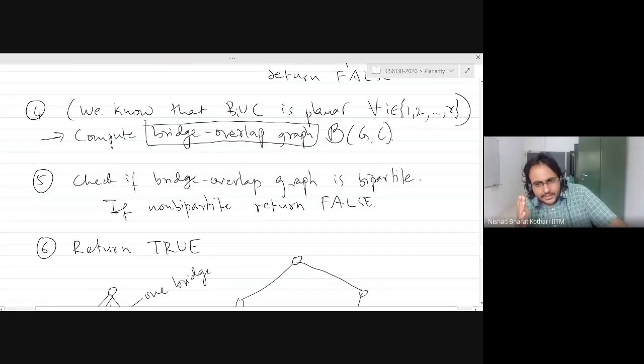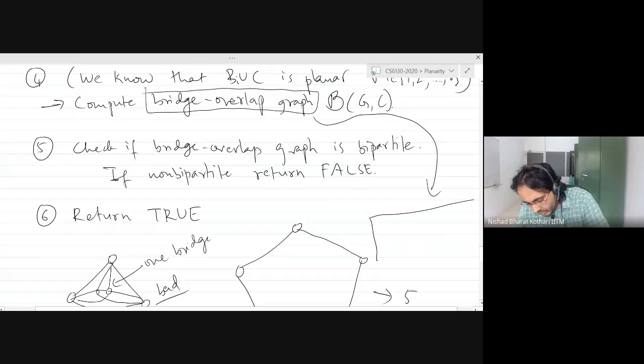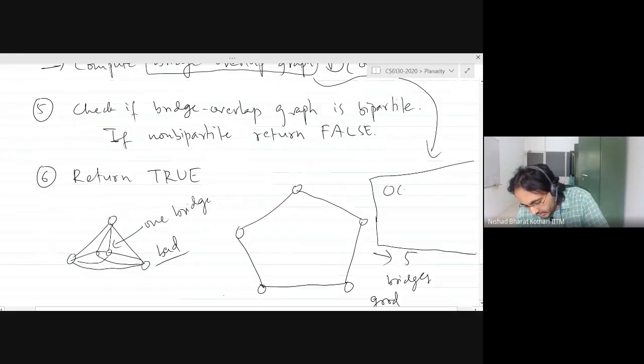In the worst case, every single edge of the graph, except the edges on the cycle, which is a small number, can become a vertex of the bridge overlap graph because it could be a single bridge. So in the worst case, you could have order m vertices in the bridge overlap graph.